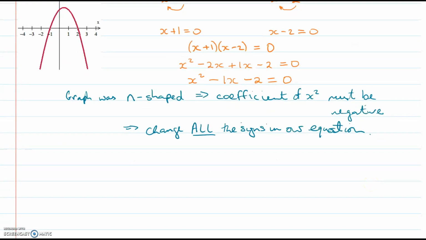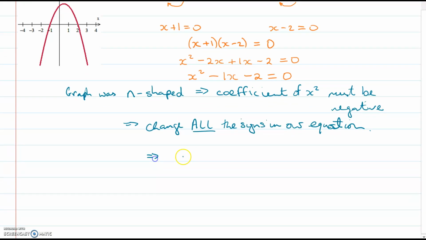So where we had x squared minus 1x minus 2, our final answer is going to be minus x squared plus 1x plus 2 equals 0.